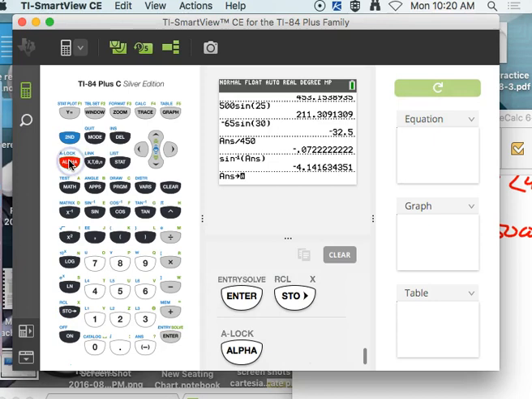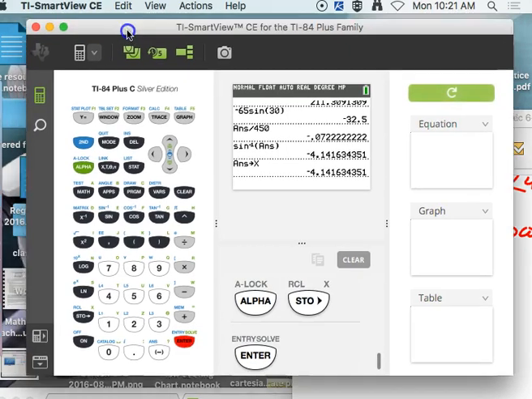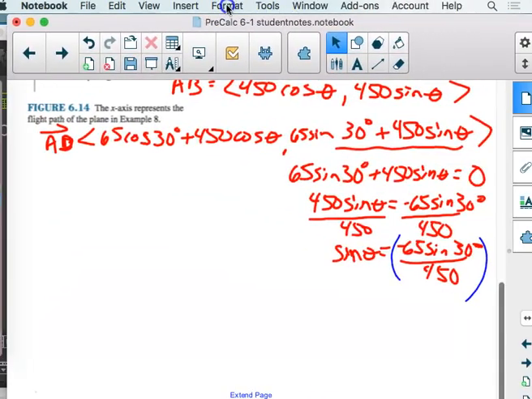I'm just going to hit alpha and X, which is the store button again. So that's going to keep my negative 4.141634351 so that if I need it, it's there and it's perfectly held. So that helps us out, giving us our little theta of about negative 4.142 degrees.